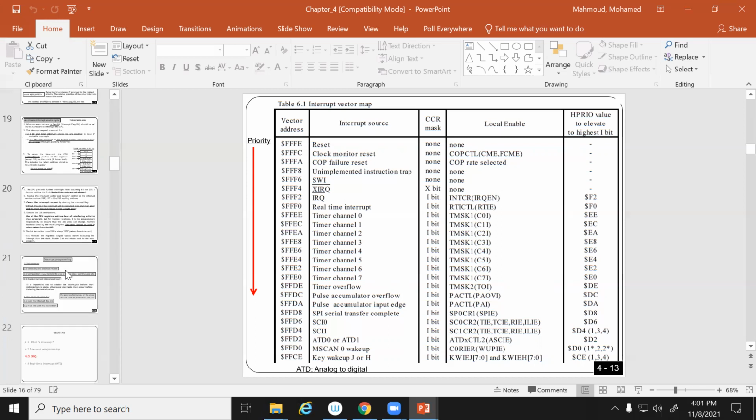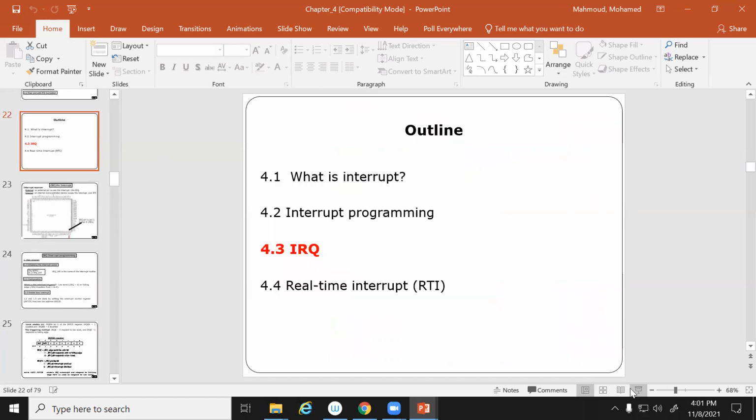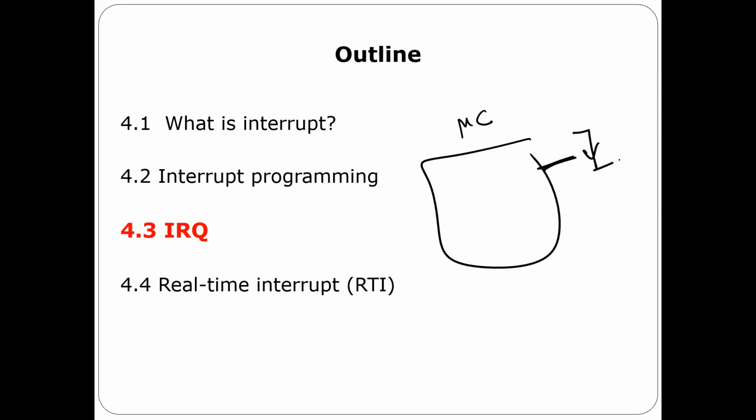Last time I started to explain IRQ. Number one, what is IRQ? Very simple. For the microcontroller, we have a pin. Every time there is a falling edge or low level, this is something you can program, something you can select based on your project. For now, let's talk about falling edge.